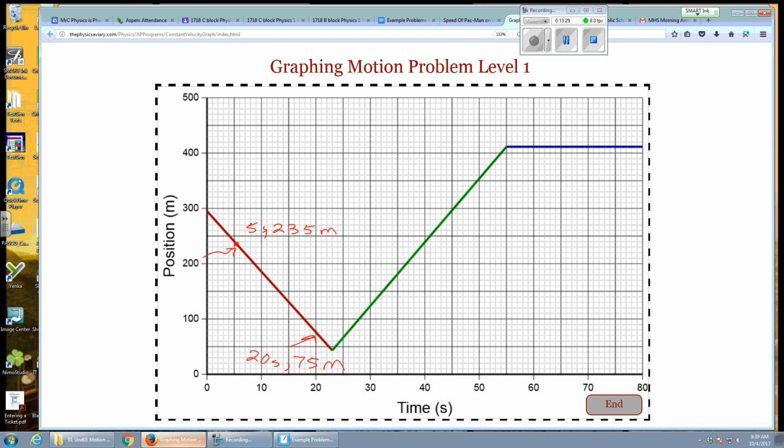One thing you'll never have is negative time. So remember that it's always final minus initial, right? When you're doing the slope. Yes? Yeah, because it's a negative slope. And then, right. All right.